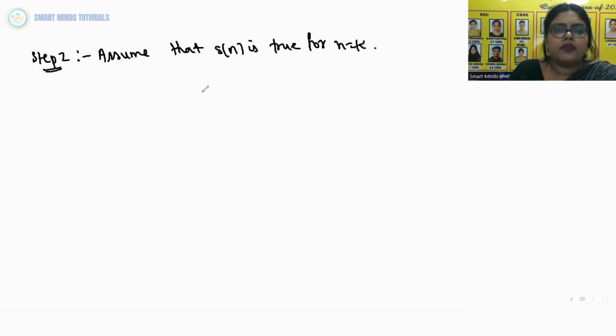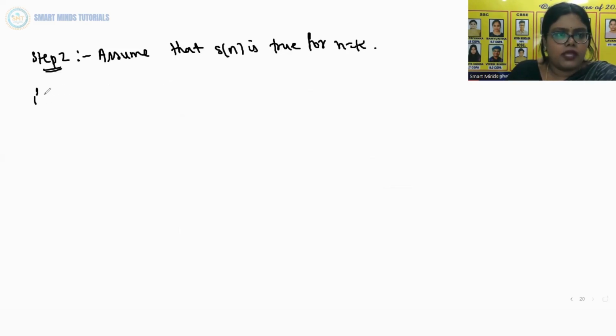Now moving on to step 2. What is step 2? Assume that S of n is true for n is equal to k. So in the statement, we need to replace n with k.